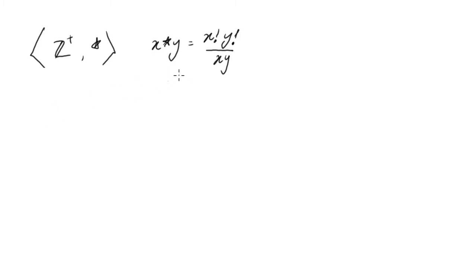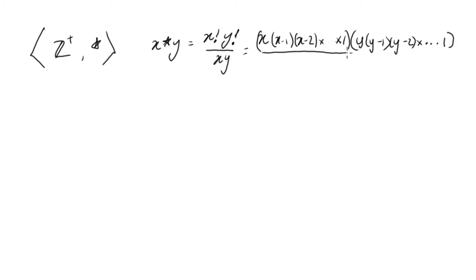By the definition of factorial, x factorial is x multiplied by x minus 1 multiplied by x minus 2, and so on, all the way until we get to multiplied by 1. This is multiplied by y factorial, which is y multiplied by y minus 1 multiplied by y minus 2, all the way until we get to multiplied by 1. And all of this is being divided by xy.